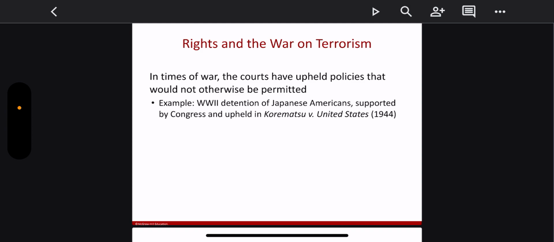We saw this especially during World War II when the Japanese Americans on the West Coast were detained. Okay, and that then Congress's actions were upheld in Korematsu versus United States.